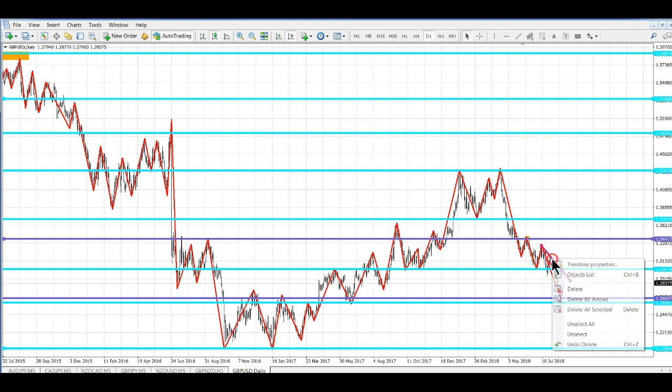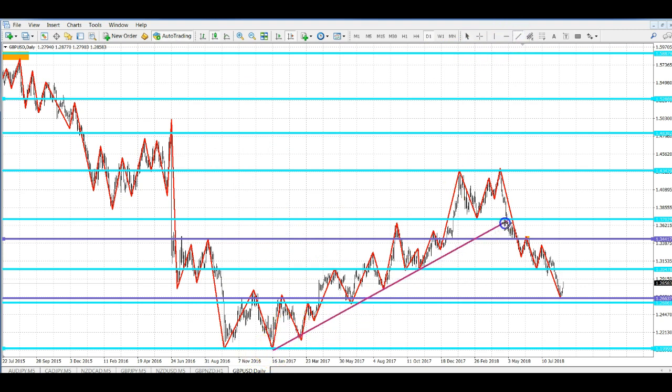I'm sorry, your support resistance lines. And again, trend lines are a type of support resistance. And as you can tell, you can also use zigzag to pinpoint where to draw your trend lines.